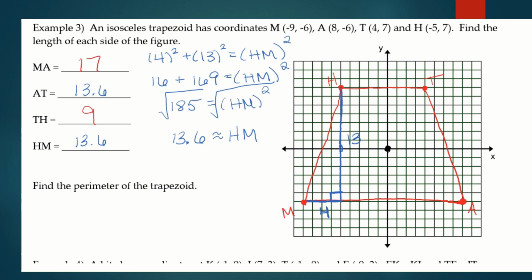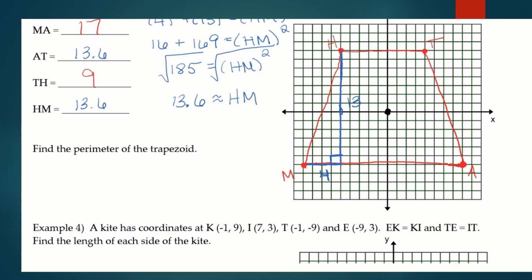Okay, so once again, let's take this a step further and find the perimeter of the trapezoid. So remember, perimeter means we're going to add all the sides together. So 17 plus 13.6 plus 9 plus 13.6. So let's go ahead and do that. So 17 plus 13.6 plus 9 plus 13.6.